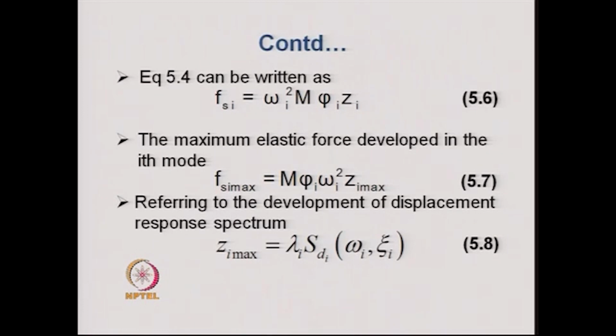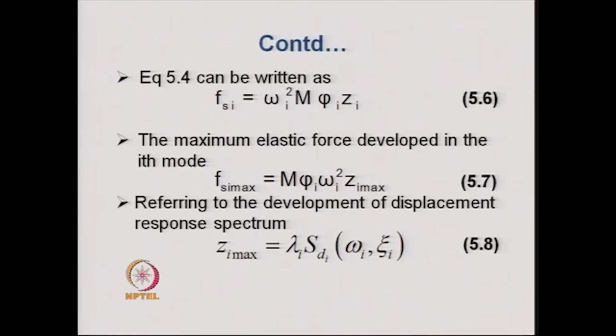And this maximum displacement that we get for the single degree of freedom system is plotted against T I, which is equal to 2 pi by omega I, and this way one can have a plot of the maximum displacement of the oscillator against time period T, which is called the displacement response spectrum, and this displacement response spectrum is obtained for a given damping ratio zeta I.